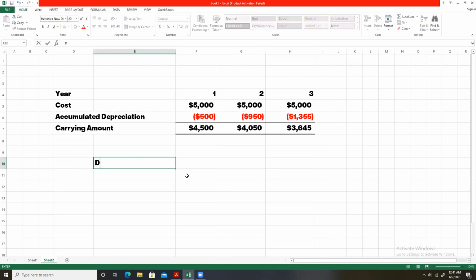Now, there are two accounts to note here. One is the depreciation expense. Since it is an expense, depreciation is an expense, although it is not a cash expense, it is a non-cash expense. This expense is charged in the profit and loss statement.